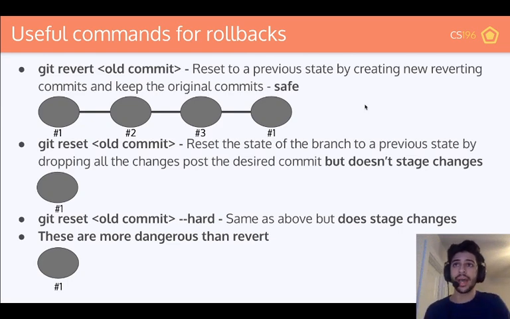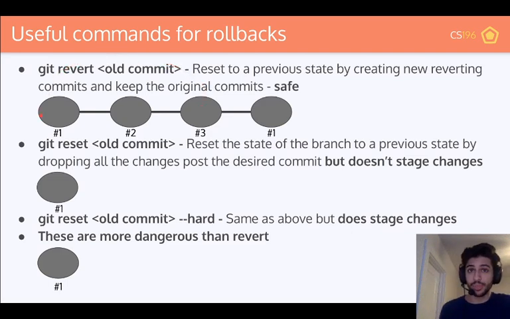The reason why is because the way that you roll back is it'll reset to a previous state by reverting new commits, but keeping the original commits, and just making a new commit with the commit you're trying to go back to. So that was a mouthful, but here's a visual of what I just said. Let's say you are currently on commit 3, and you want to go back to commit 1.